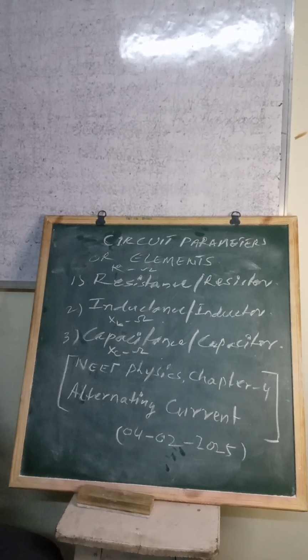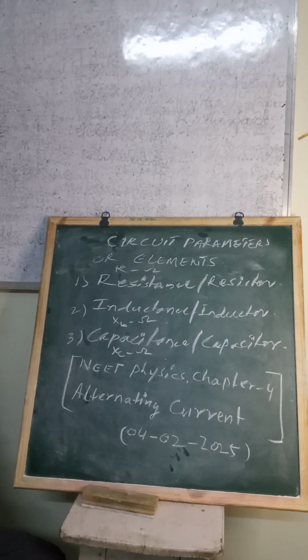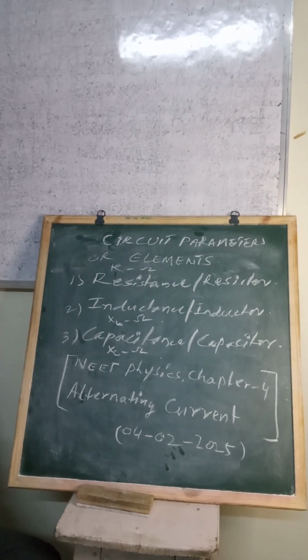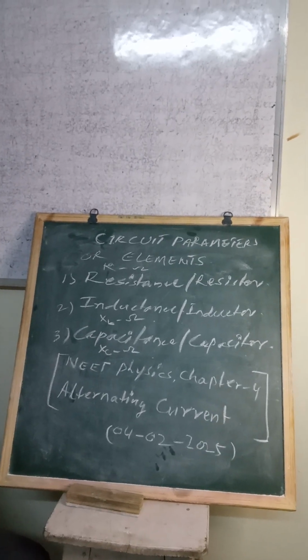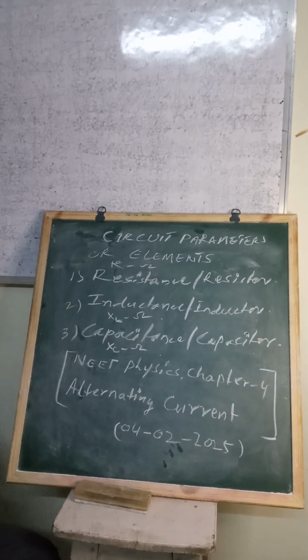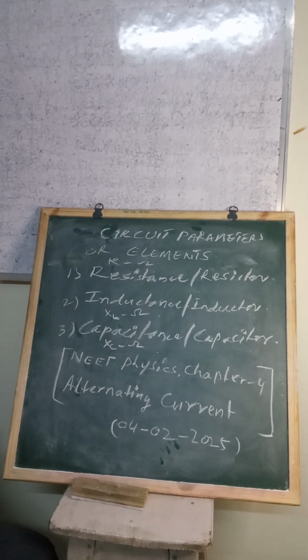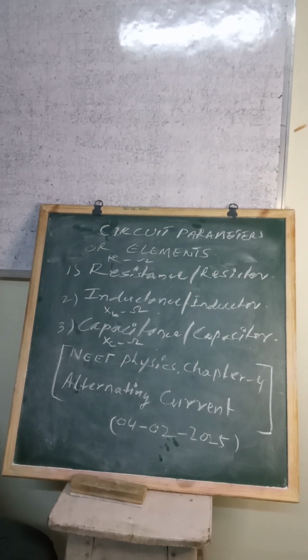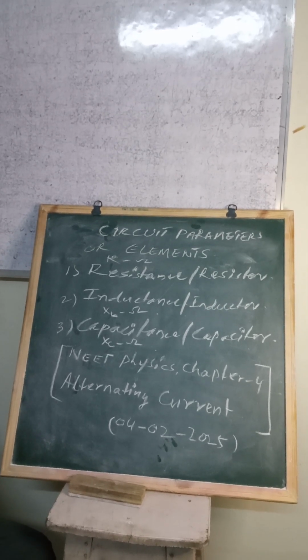Suppose a resistor is connected across an AC supply, voltage and current will be in phase with each other, and the angle between the voltage and current will be 0 degree. Whereas in the case of a pure inductance, current will be lagging the voltage by exactly 90 degree. But in the case of the capacitor, current is leading the voltage by 90 degree.